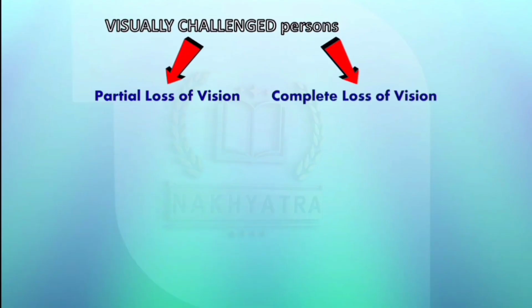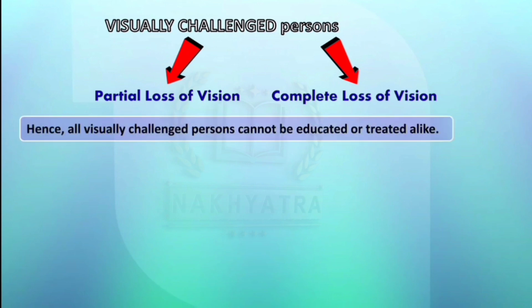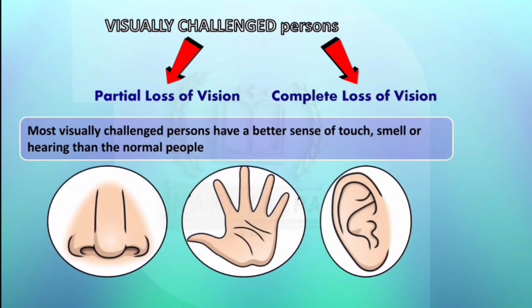Now see here, there are two types of loss of vision. One is partial loss of vision and the other is complete loss of vision. Hence, all visually impaired persons cannot be educated or treated alike. Most visually impaired persons have a better sense of touch, smell or hearing than normal people.